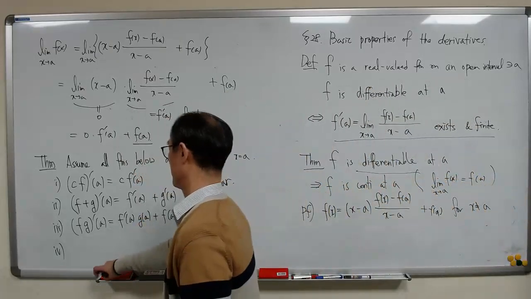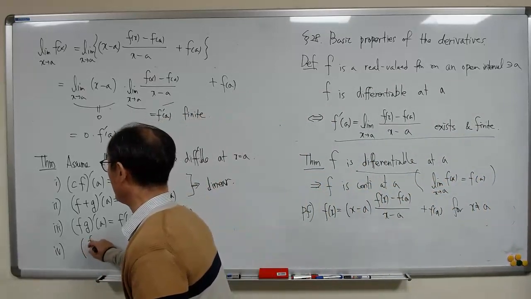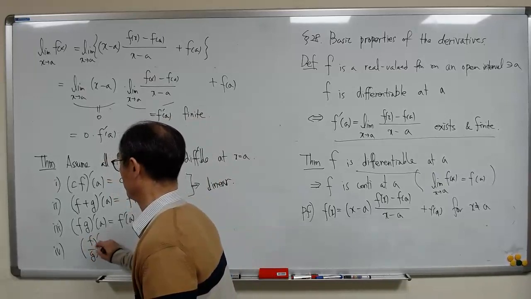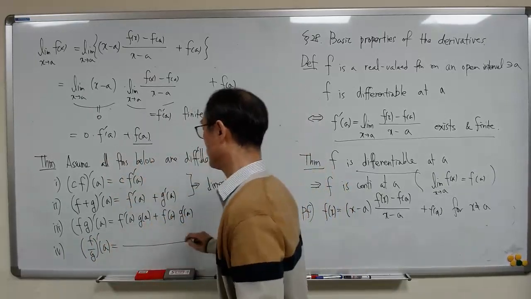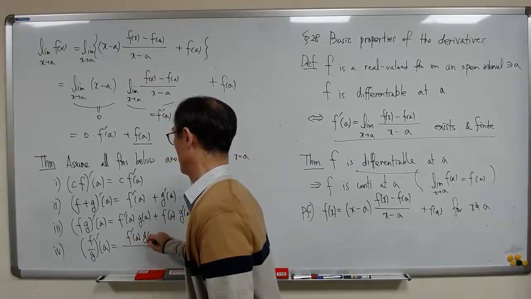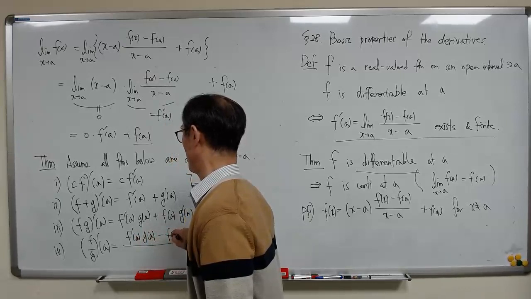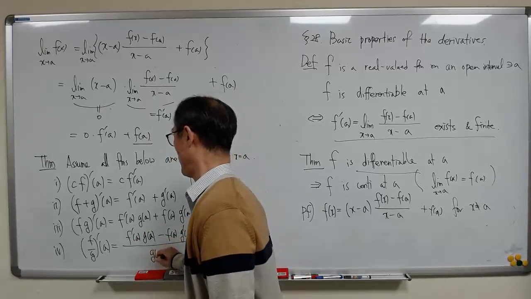And also, the derivative of the division f over g should be written as f prime of a and g of a minus f of a and g prime of a, over g of a squared.